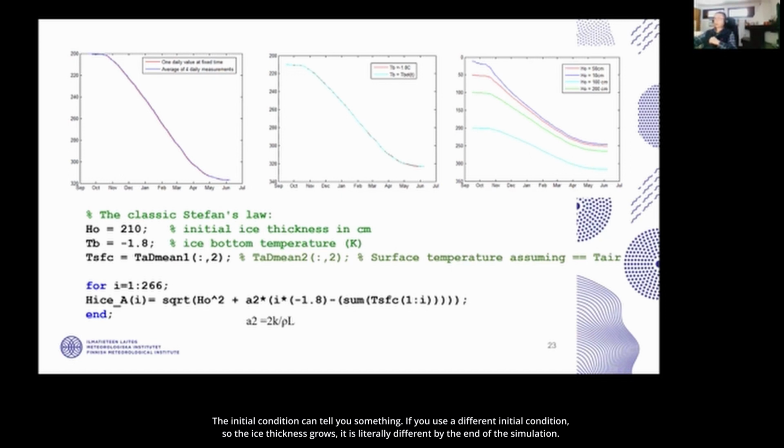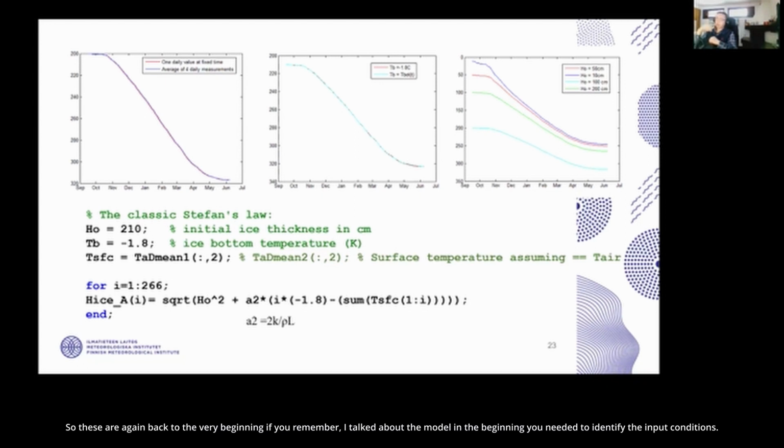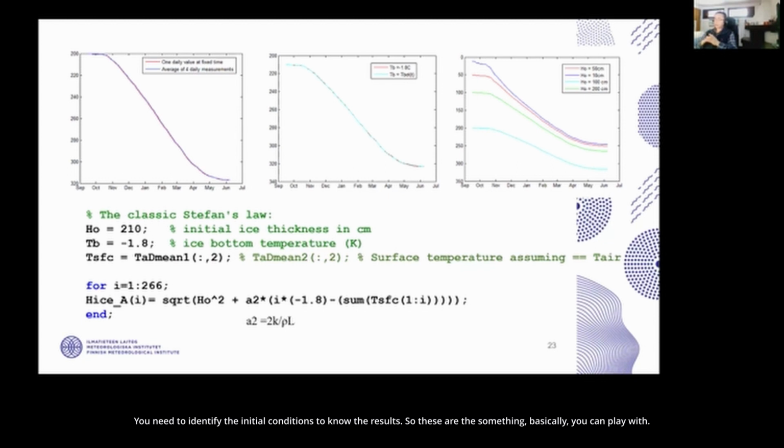If you use a different initial condition, the ice thickness growth is literally different by the end of the simulation. So these are all, again, back to the very beginning. If you remember, I talked to you about the model in the beginning. You needed to identify the input condition, you needed to identify the initial condition, and to know the result. So these are things you can play with.